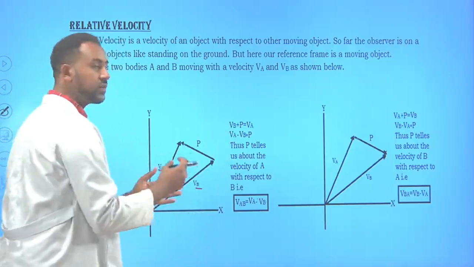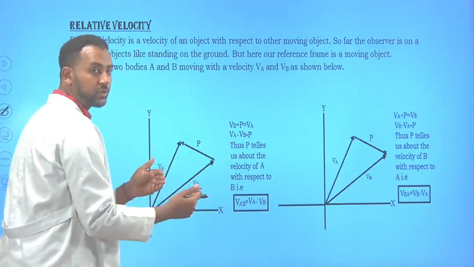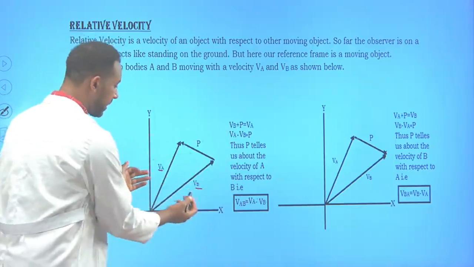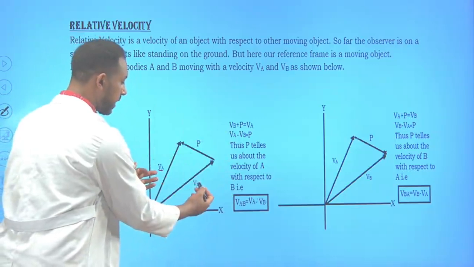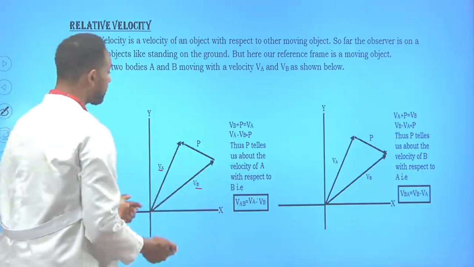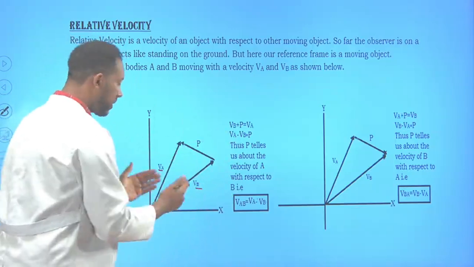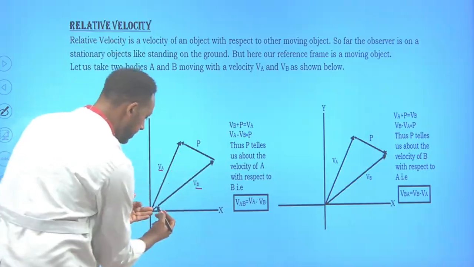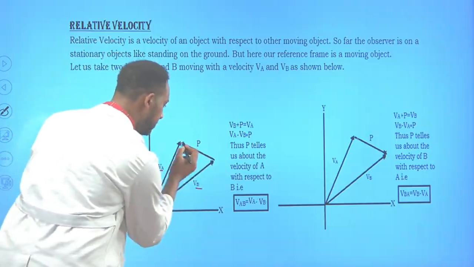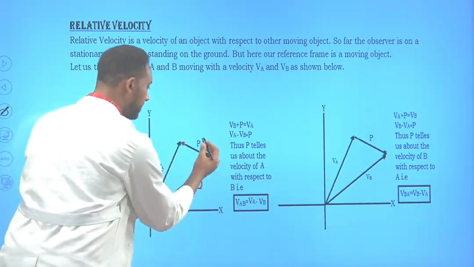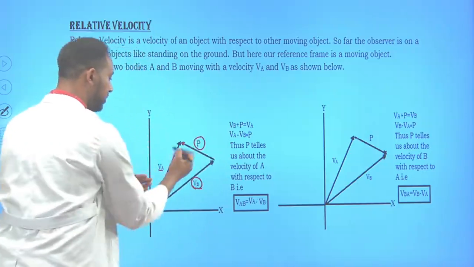So to determine the relative velocity of one car as expressed by the other car, or let's say the driver on this car trying to describe the velocity of this one, or vice versa. From vector quantities, you have learned that it's possible to determine the resultant of these two vectors. Here, the velocity of B, and let's assume that this is P. The velocity of B plus P gives us the resultant VA.